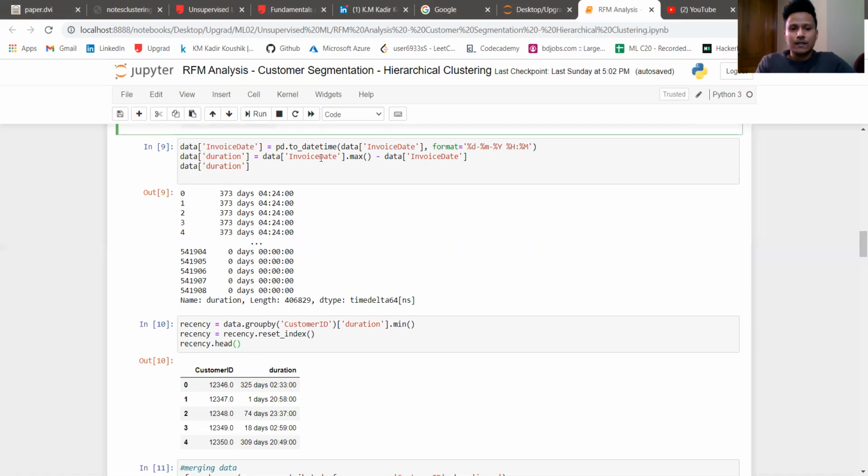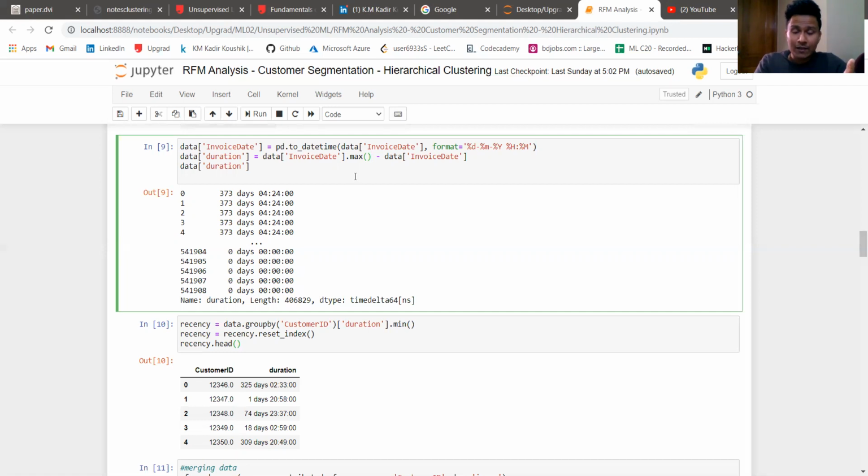What I did is first found the maximum date and subtracted the previous transaction dates. So for example, a particular customer who has made a purchase on 10th January, 5th January, 6th January, 7th January. The 10th January is the maximum, the last date, and we're subtracting all the previous dates, right? So for example, if a customer has done two transactions on 9th and 10th, so 10th minus 9th, the recency is 1, right? So 1 day.